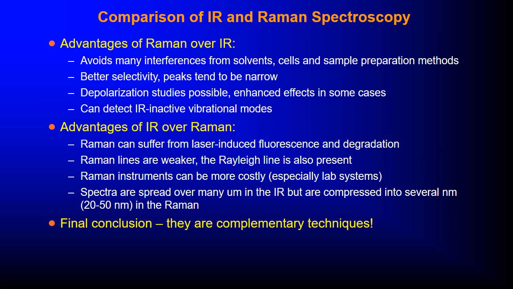Advantages of Raman over IR: it avoids many interferences from solvents, as we have mentioned the aqueous, cells and sample preparation methods, very important. Better selectivity, peaks tend to be narrow, very important, because most of the peaks in IR are always broad, like the strong functional groups, they are always very, very broad.